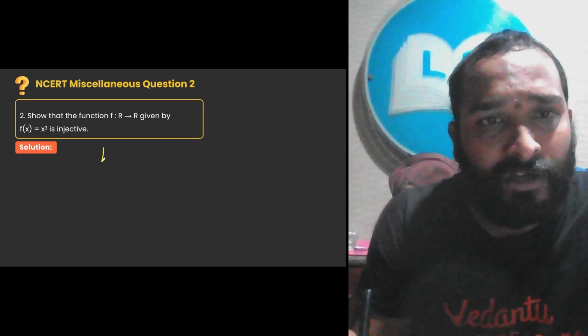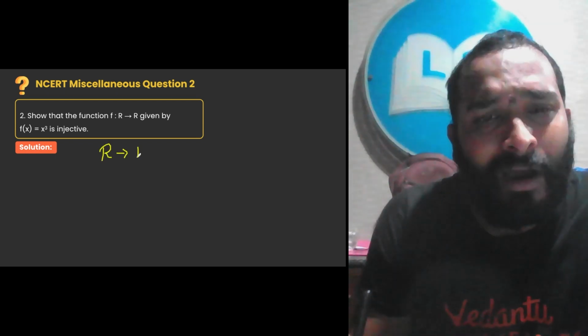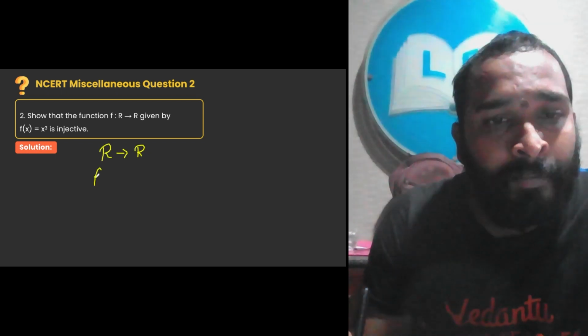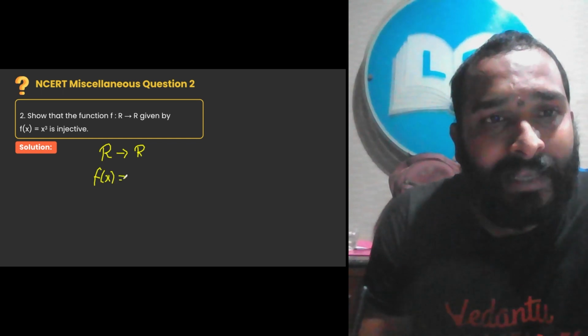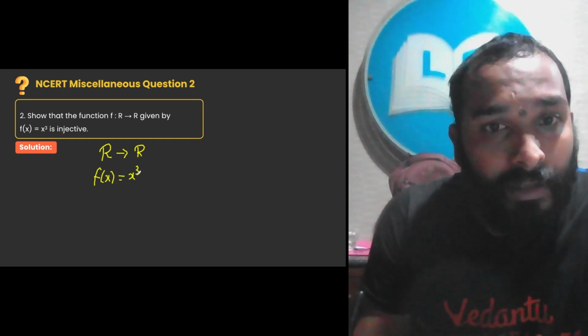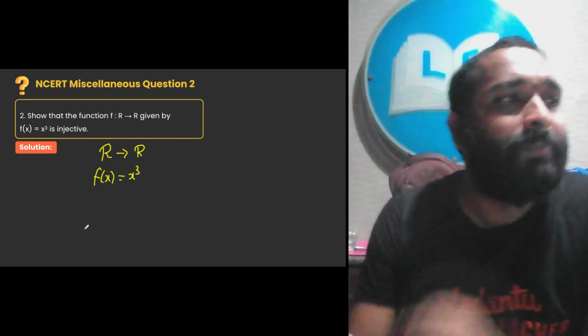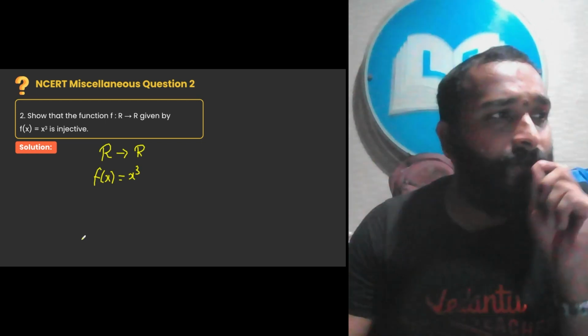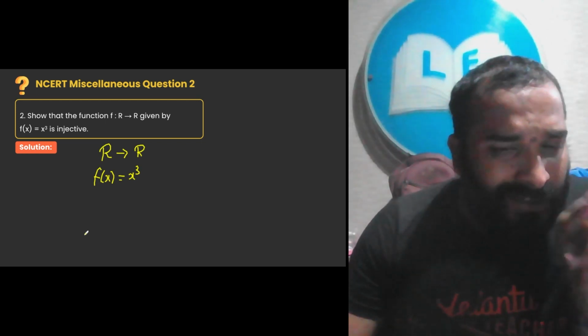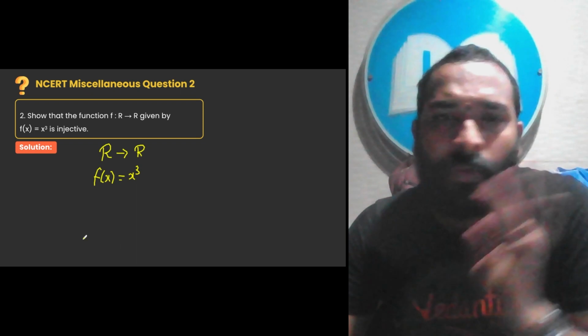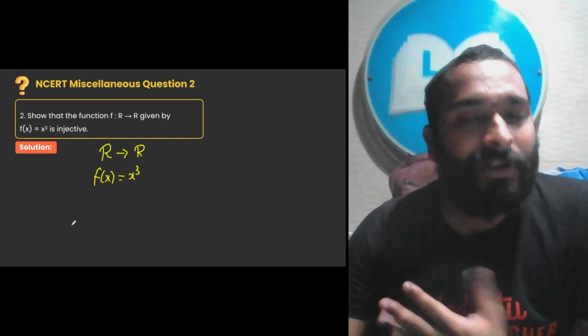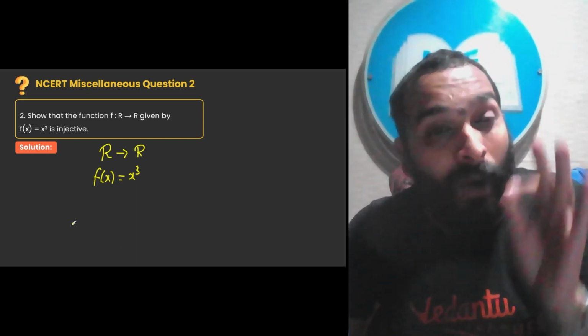Yes, in this question they're telling that show that the function whose domain and codomain are the set of real numbers, given by f of x is equal to x cube, is an injective function. That means what, children? We need to check whether the given function is injective. That means when f of x is equal to f of y, x should be equal to y, correct? We need to prove that the given function is 1-1 function.